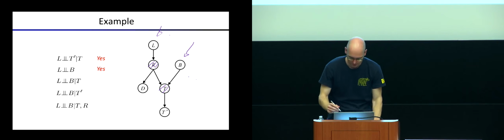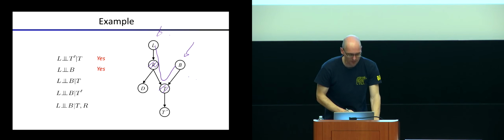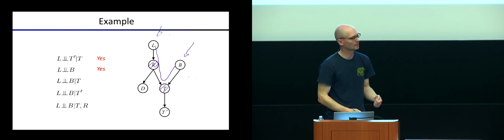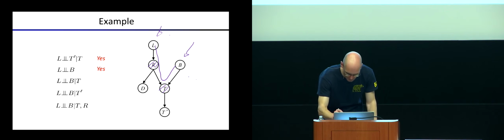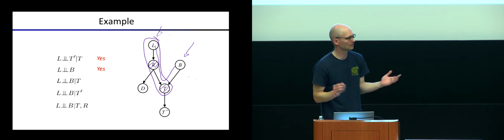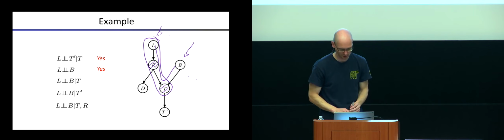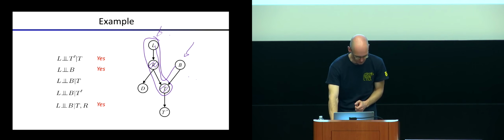Okay, so the answer was we have only one path. Along that path, we're able to find an inactive triple, namely L R T, sitting over here. Once we find an inactive triple, we know the entire path is inactive, and at that point, if that's the only path, we can claim conditional independence. So yes.